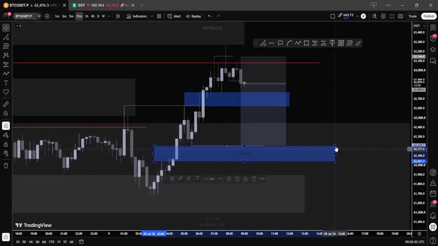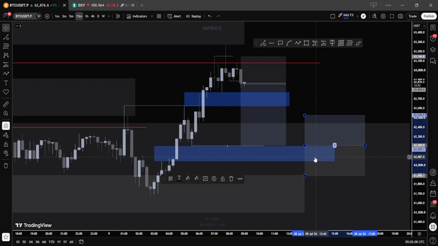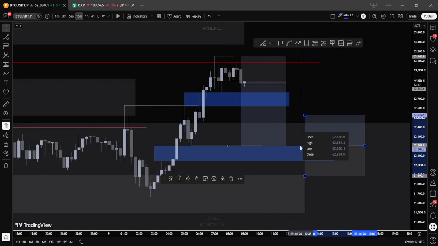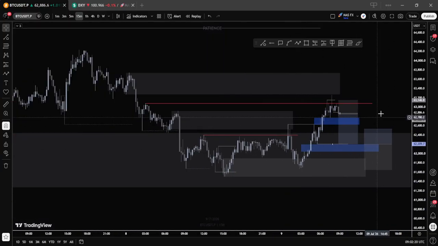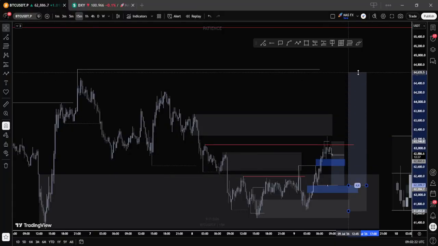If price continues all the way down lower, we will be taking our long entry. So a sell to buy scenario for me right now. I'm having a sell to buy scenario. I'll have a wider stop loss on that because it's an overall position.